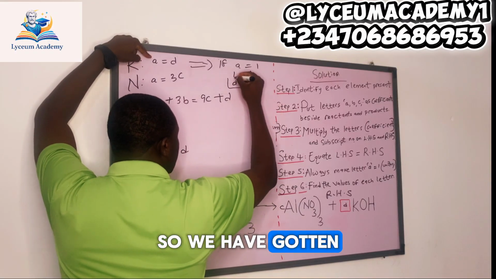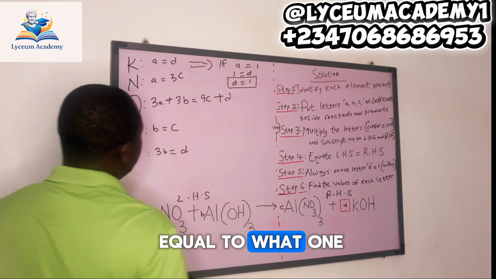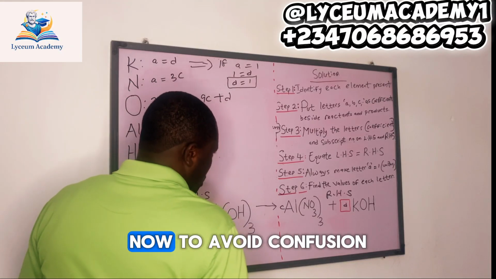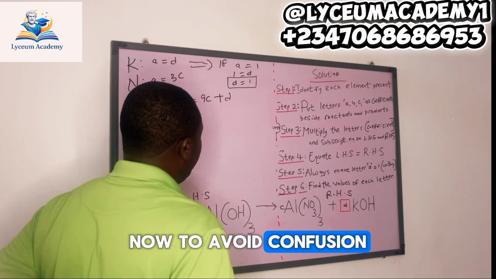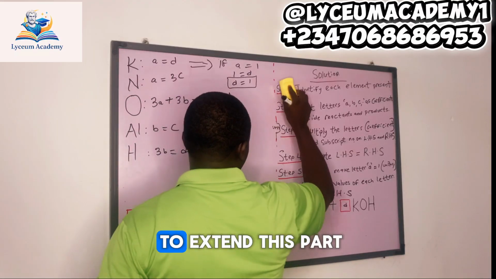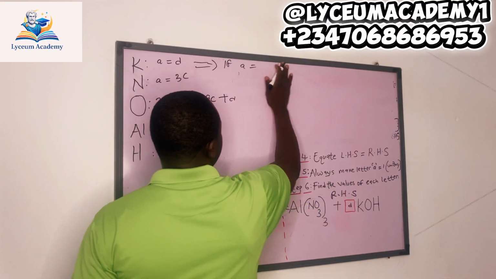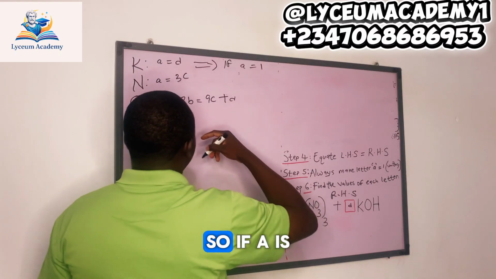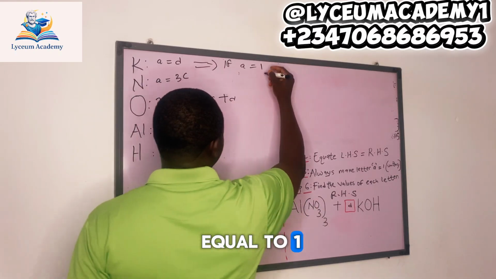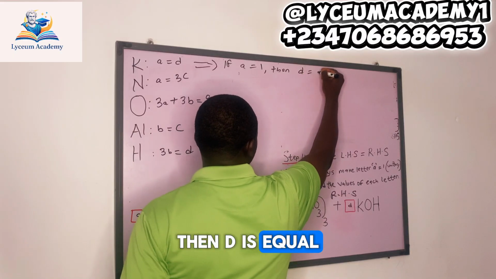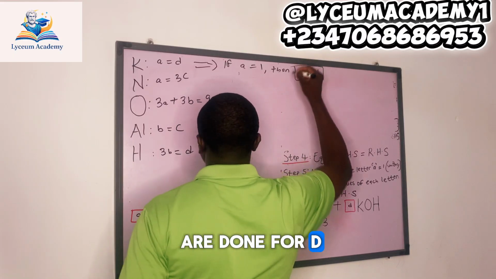So we have gotten our D to be equal to 1. Now, to avoid confusion, I need to extend this part very quickly. If A is equal to 1, then D is equal to 1. So we have done D.